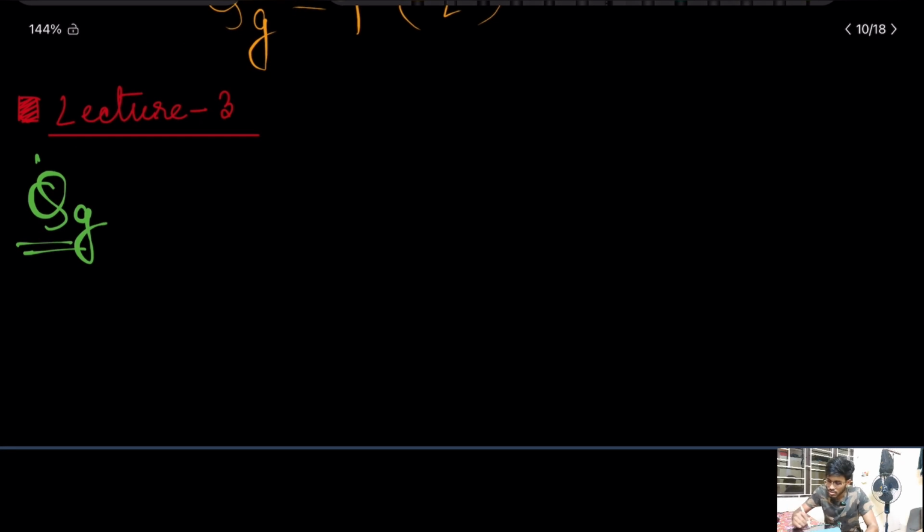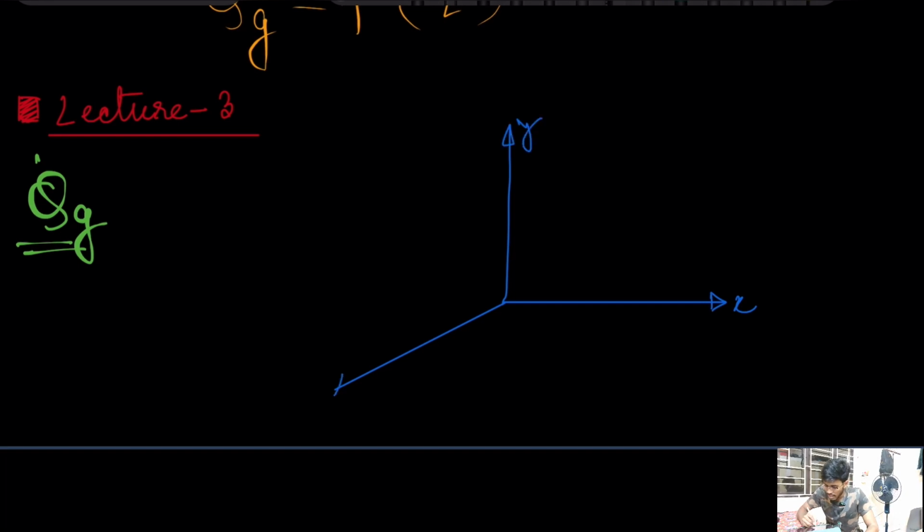Let me draw the control volume here first with the coordinate axes. This is my x, this is my y, and this is my z. This is the control volume having total volume V.